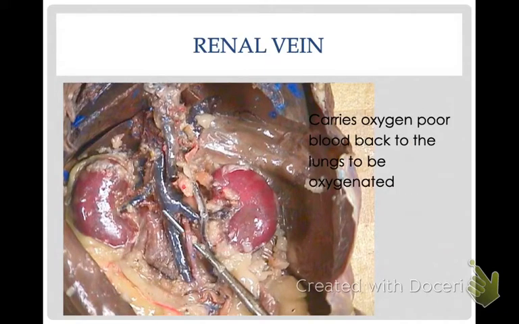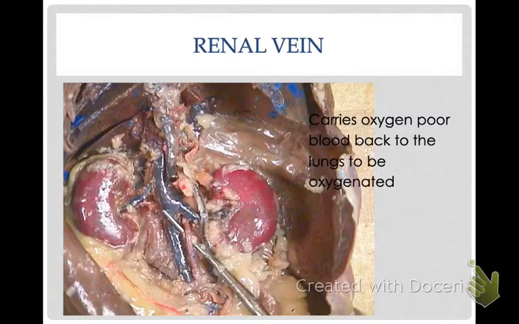The renal vein and renal artery leave and enter the kidney. They're bringing blood in and out of the kidney. So renal, that term, is kind of like hepatic going with liver. Renal goes with kidneys, so its meaning is that it goes with the kidney. The renal vein and renal artery are what are serving the kidneys.